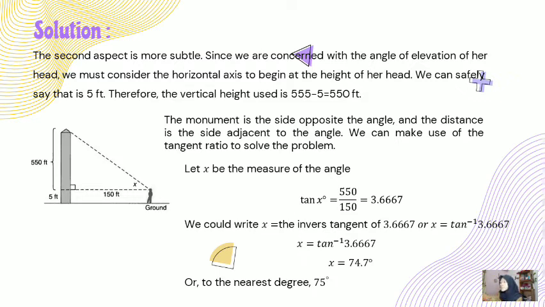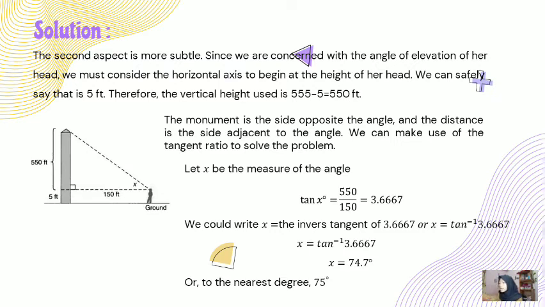The monument is the side opposite the angle, and the distance is the side adjacent to the angle. We can make use of the tangent ratio to solve the problem. Let x be the measure of the angle. Tan x equals 550 per 150 equals 3.6667.